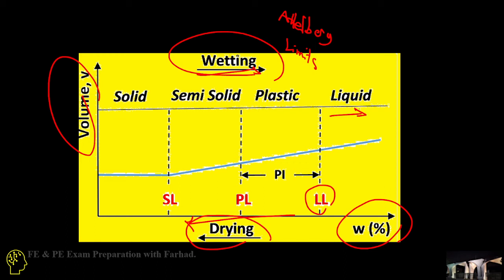When you are in the liquid part, you then move to plastic limit. Then PL is the boundary of semi-solid and solid. And shrinkage limit is the boundary of solid and semi-solid. These are the Atterberg limits, and in this session we focused on shrinkage limit.